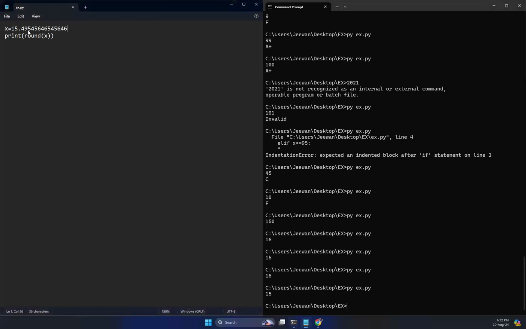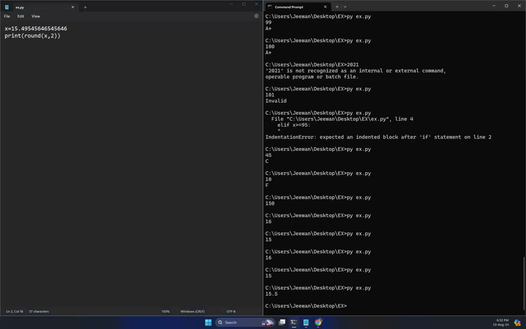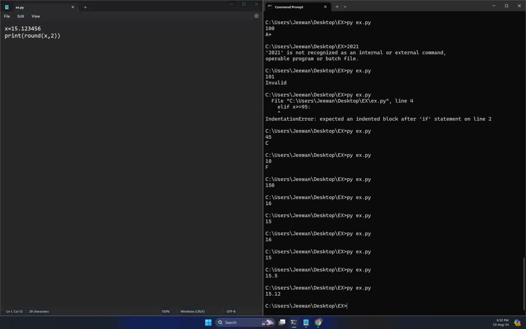If you have multiple values, and I want to display up to 2 decimal values, then if you pass 2, you can see here it will give you 15.5. Why is that? Round 15.12, 15.50.